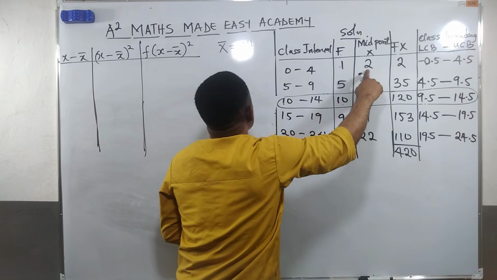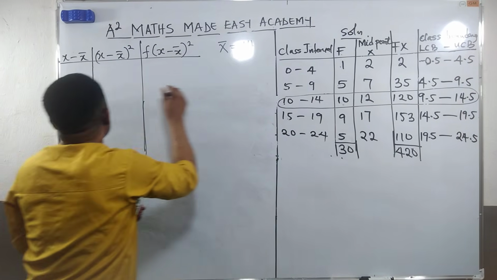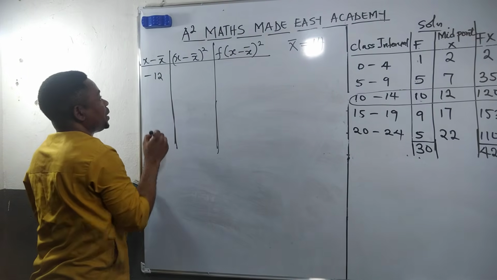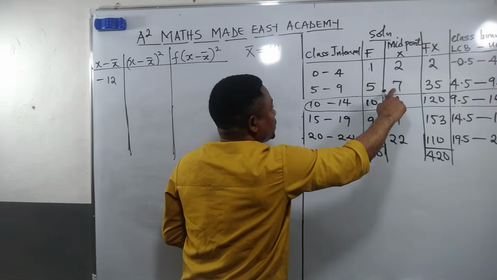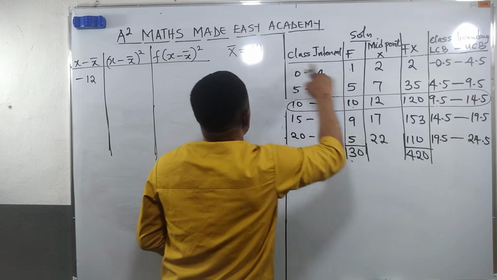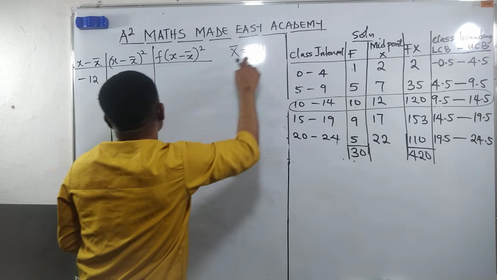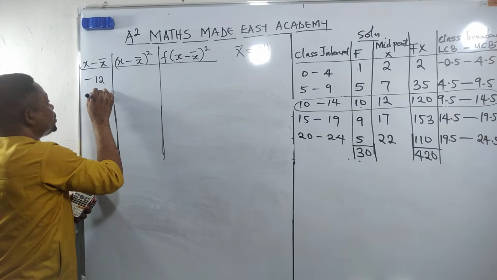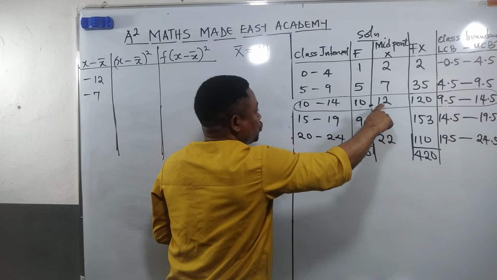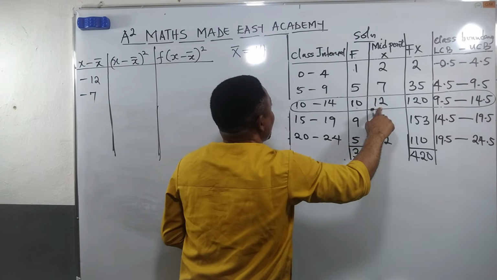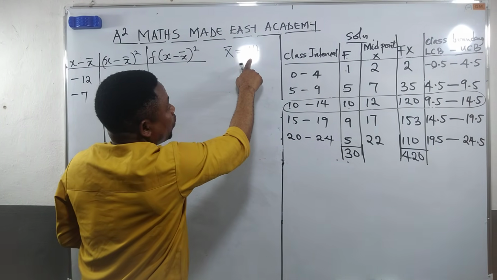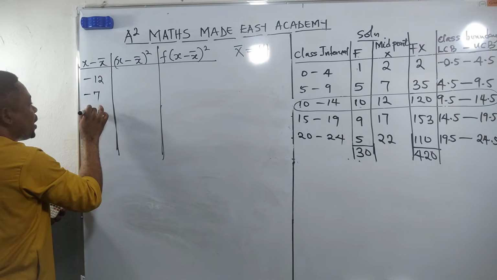I will now say 2 minus 14. What will it give me? Minus 12. Then the next value is 7. 7 minus 14 will give you minus 7. The next one is 12. We now say 12 minus 14. It will give me minus 2.